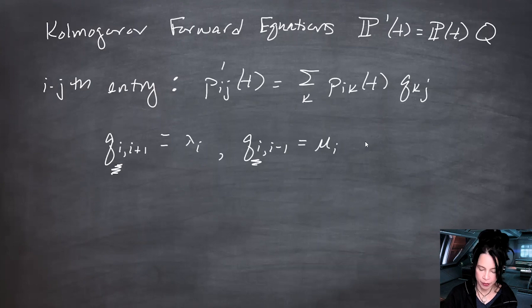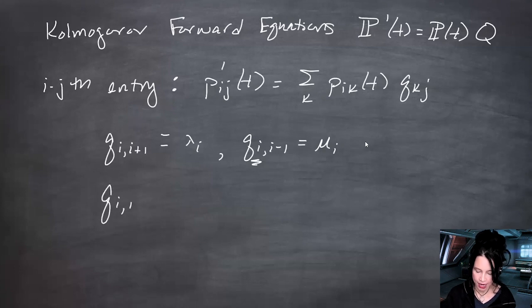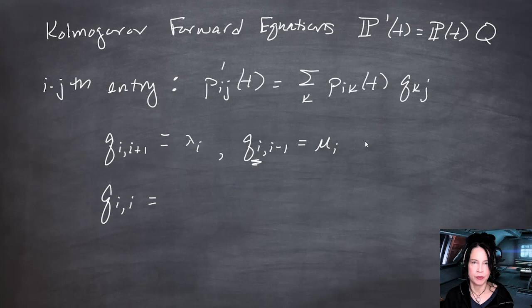So I've started with a birth and death process with given birth and death rates, lambda_i and mu_i. And we can go from i to i. That is going to be the diagonal entry for the generator matrix. That's going to be the negative of lambda_i plus mu_i.